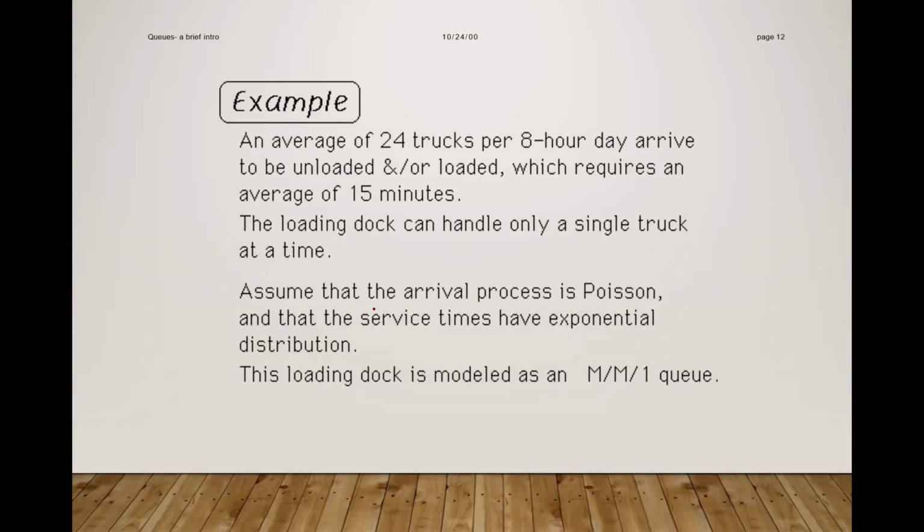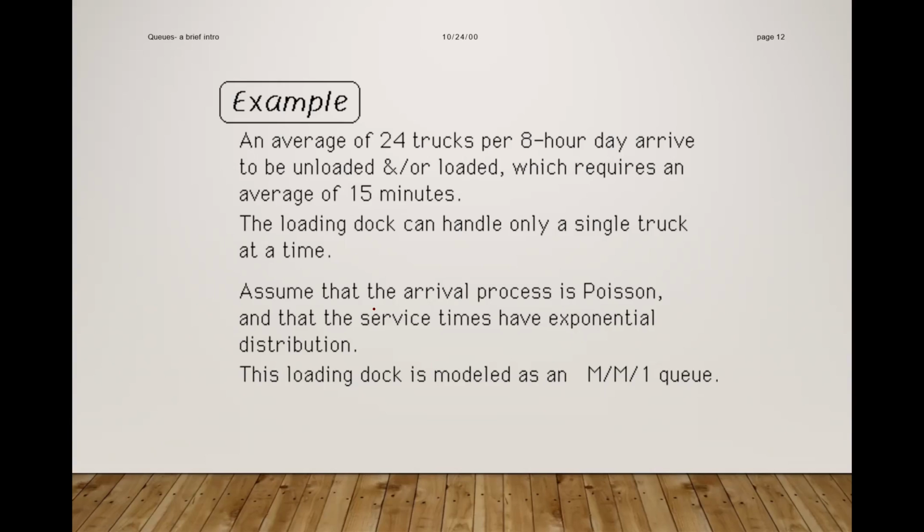So meaning, it's only one server. Assume that the arrival process is Poisson and that the service times are exponential. Of course, in real life, you have to check whether these assumptions hold in your system. So if our arrival process is Poisson and our service time is exponentially distributed, it means that we can use, in this example, M/M/1.